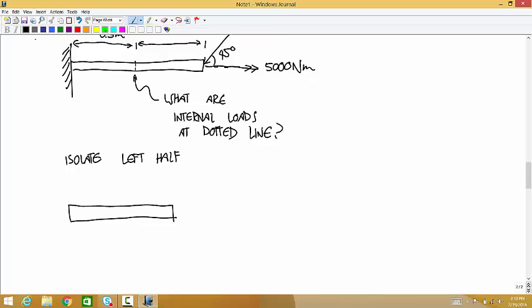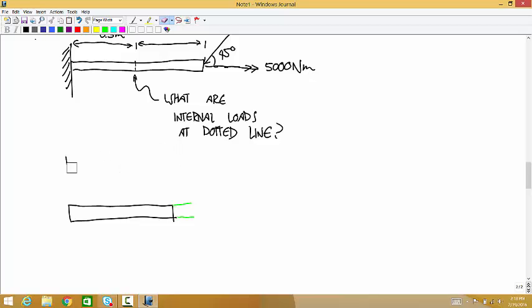I always say not to do this in free body diagrams, but I'm going to just draw something here so you can see the part that we're skipping. Wait, I'm getting ahead of myself. I'm sorry. Don't isolate that yet.